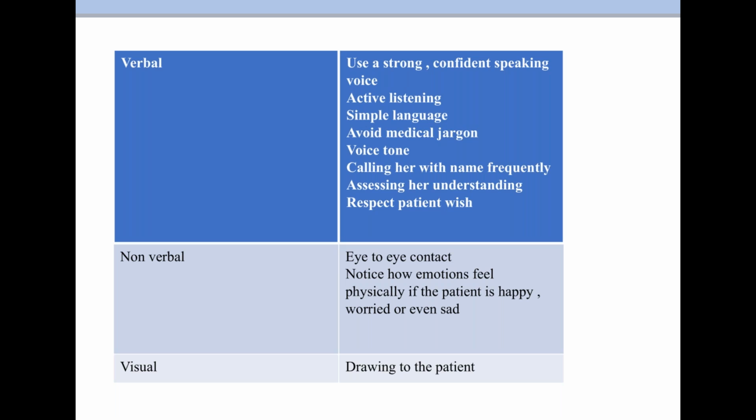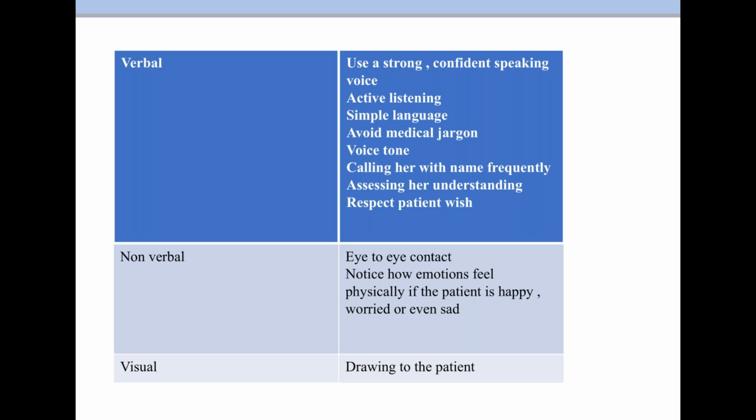Unfortunately, there are some sinister cells in your womb, and it is suggestive of an invasive cancer. Okay, like that. So the voice tone itself will completely change the situation.